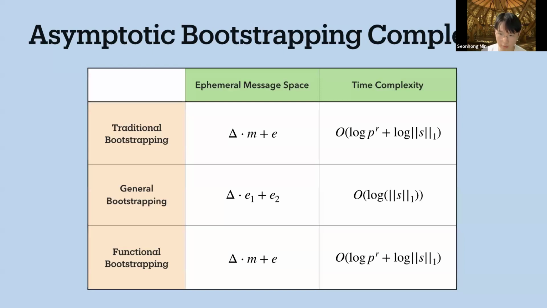So in this case, the depth complexity becomes O(log of the 1-norm of s), where s is the secret key. And for functional bootstrapping, since we have to operate on the message itself, it should have the same depth complexity as the traditional bootstrapping.